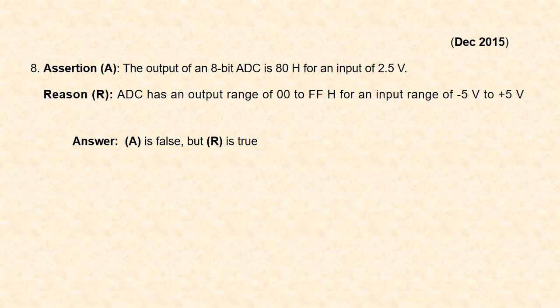And also reason, the ADC has an output range of 0 to FFH for an input range of minus 5 volt to plus 5 volt. Here the reason is true. Hence assertion is false but reason is true.